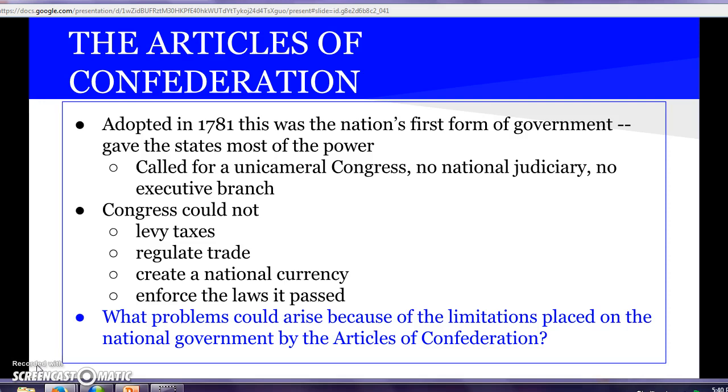What I did with this one, and it might be a little bit wordy and I need to figure out how to fix that, but I did background information about the Articles of Confederation and its provisions, and also what Congress could not do. And once again, to give the students an opportunity to think about how we ended up with the Constitution that we have, getting them to talk about what kind of problems could arise because of the limitations placed on the national government by the Articles of Confederation.